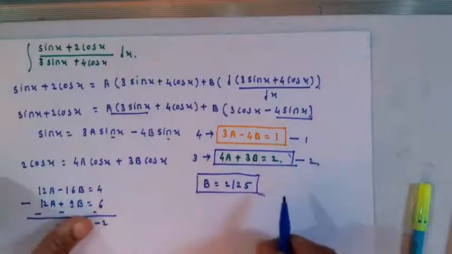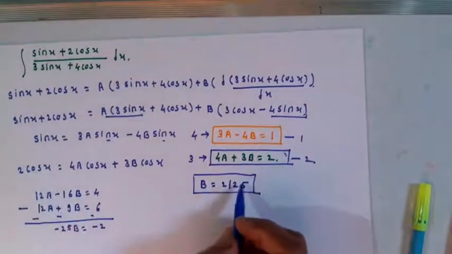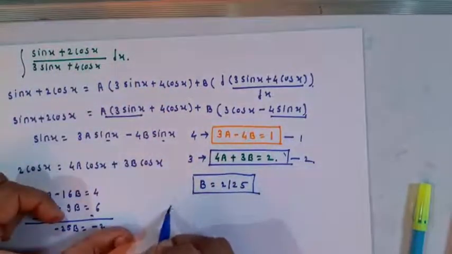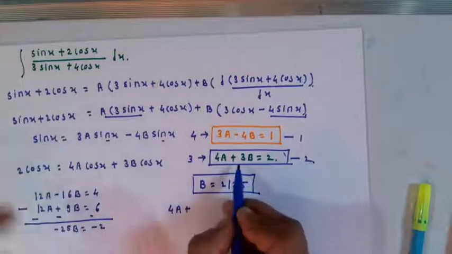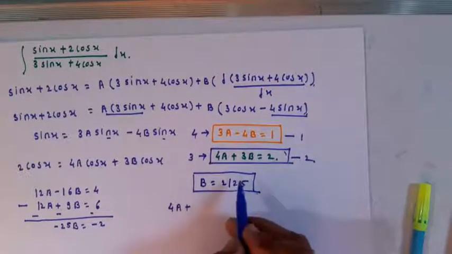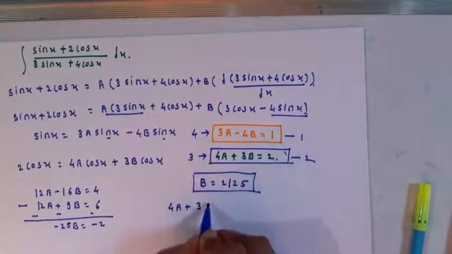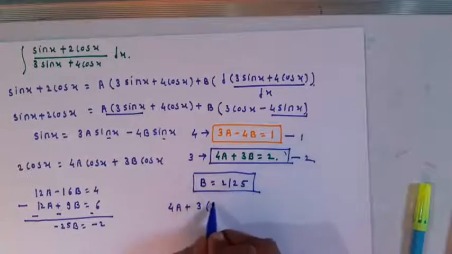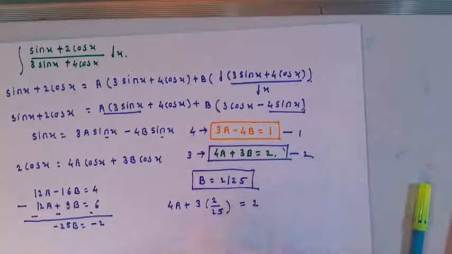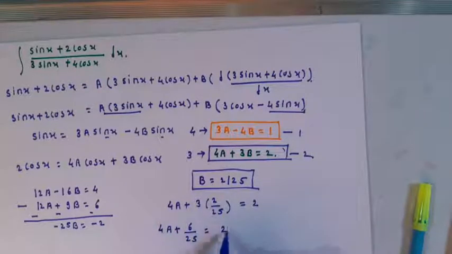Now to find the value of a, put the value of b in the second equation. We get 4a plus 3 into the value of b, that is 2 upon 25, equal to 2. That is 4a plus 6 upon 25 equal to 2.